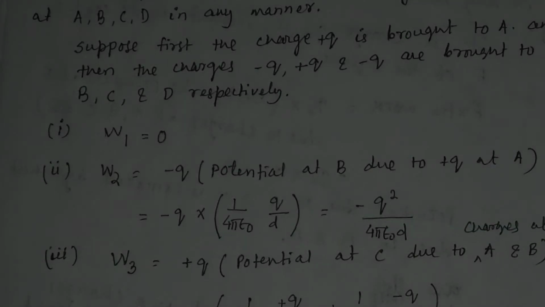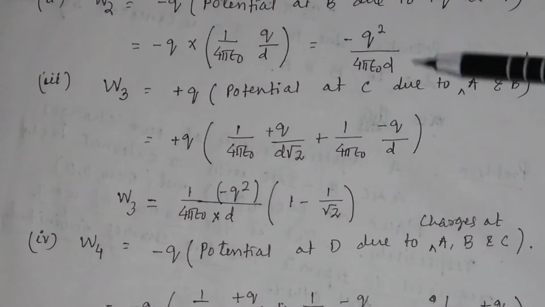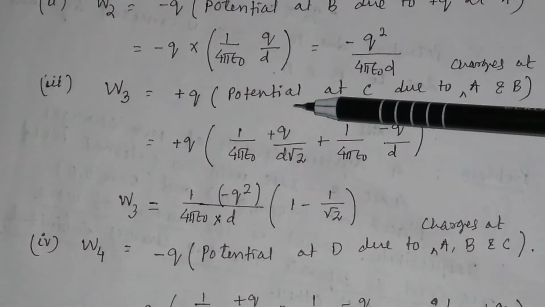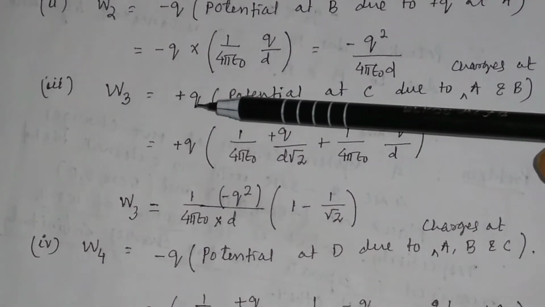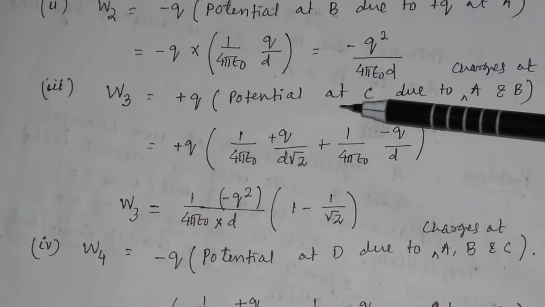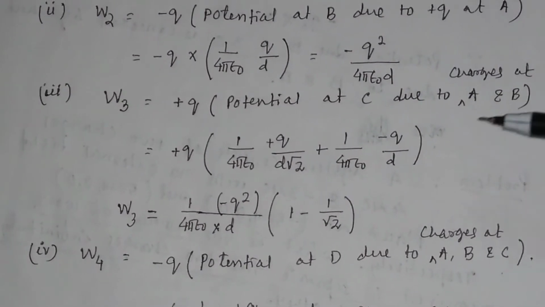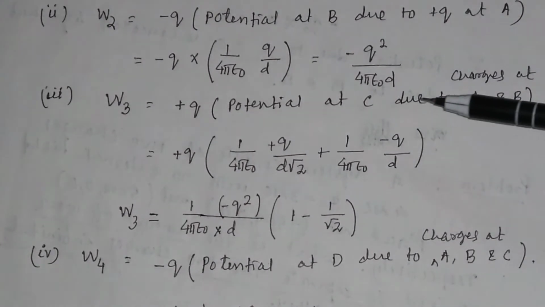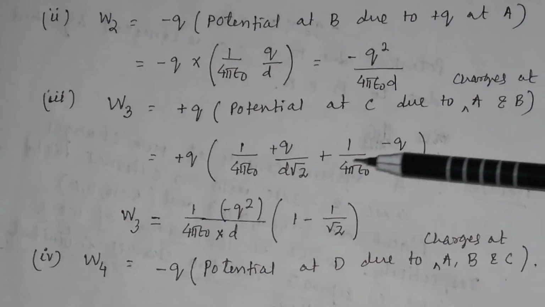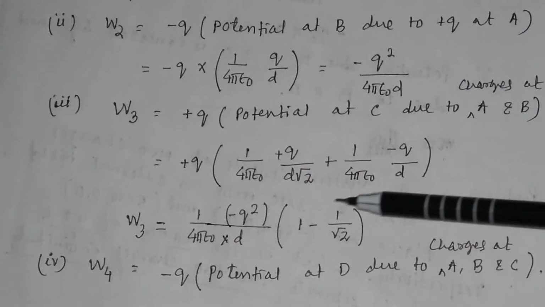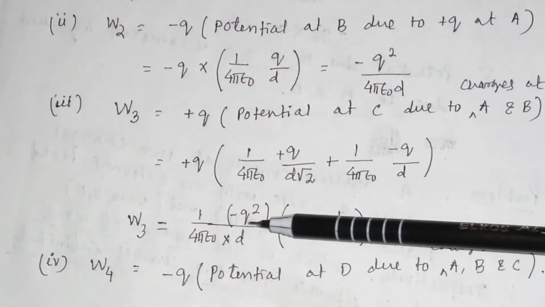Similarly, when you bring the charge plus Q from infinity to the point C, then the work done will be equal to plus Q into the potential at C due to the charges at A and B. The potential at C due to the charges A and B is equal to this much, and if you multiply plus Q with this potential, you will get the work done W3.